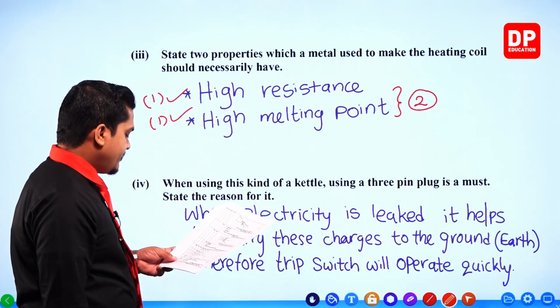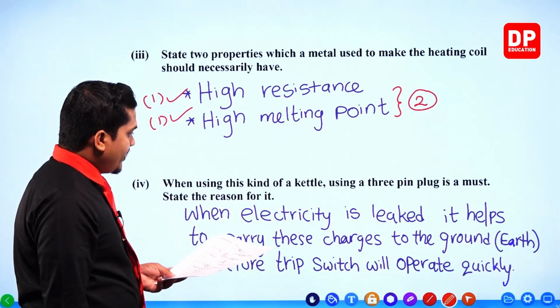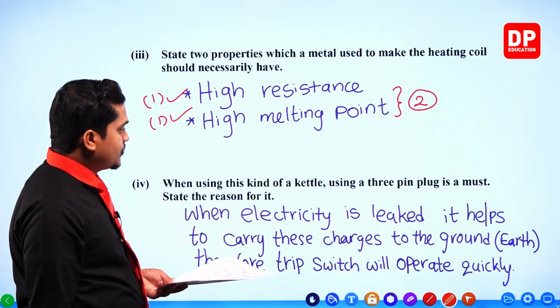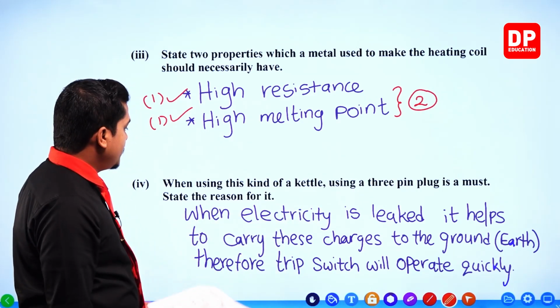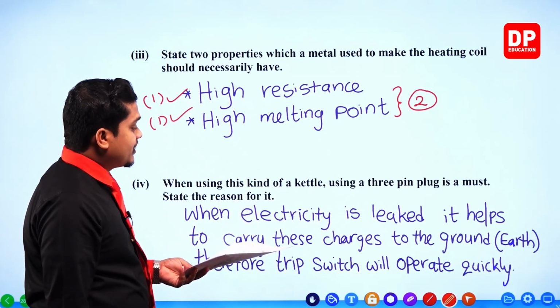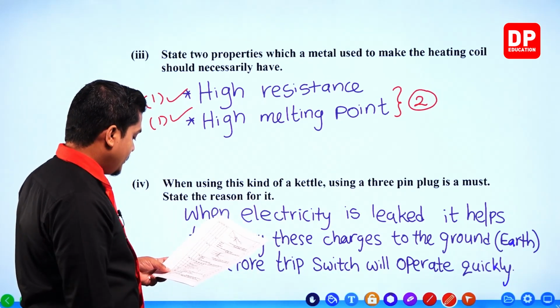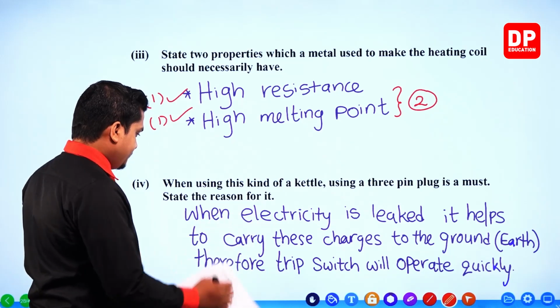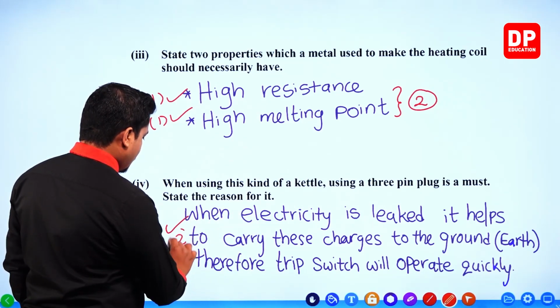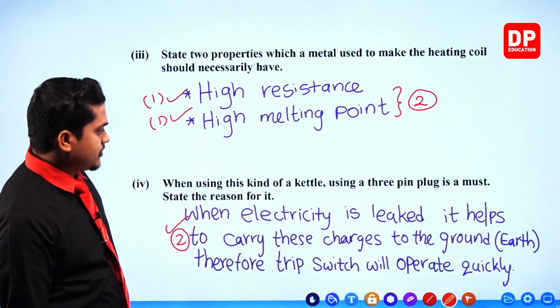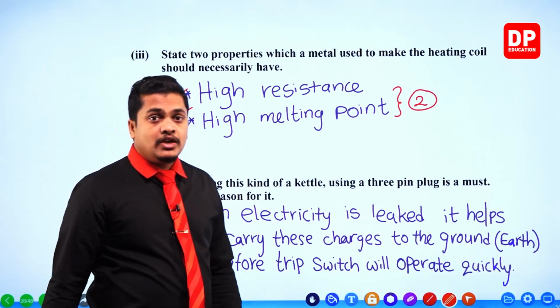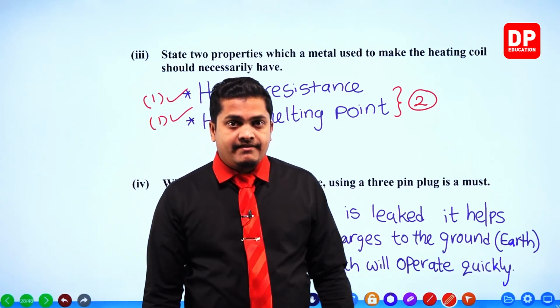Then my dear children, finally, for explaining the use of a 3-pin plug in an instrument like this, they have again given 2 marks, right? For the explanation they have given 2 marks like this. So this is question number 7 then.